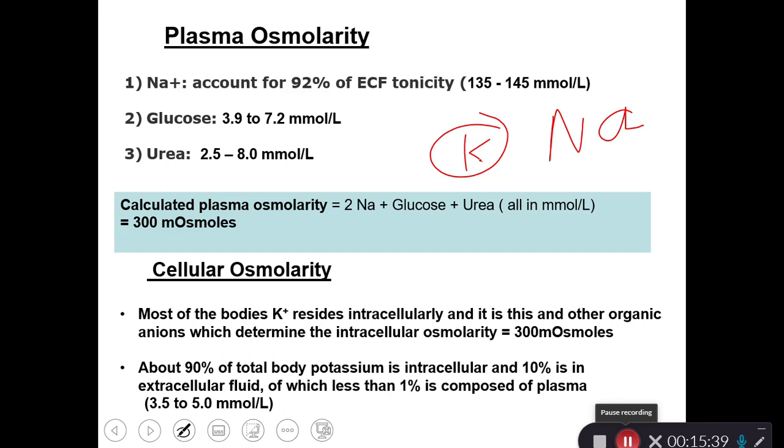Outside the cells, also in the blood, we have glucose contributing to the tonicity as well as urea, but the main thing is sodium. This means if you have high salt in your food, this would increase your blood osmolarity.